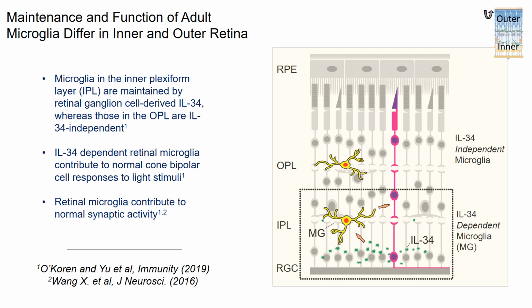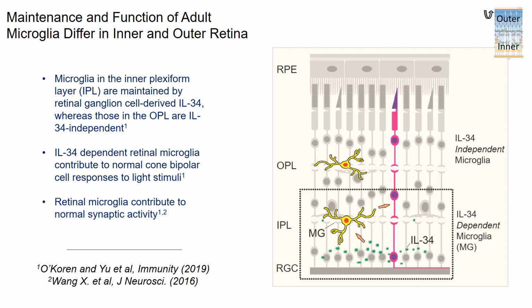Now, what we also showed in this study, which was very interesting, is that though these microglia come from the same yolk sac origins, eventually, in the adult situation, they are maintained in different ways in the distinct compartments of the retina. For example, microglia in the inner plexiform layer are IL-34 dependent.